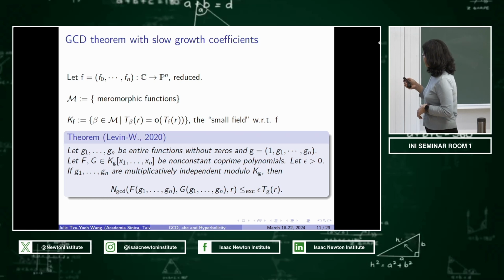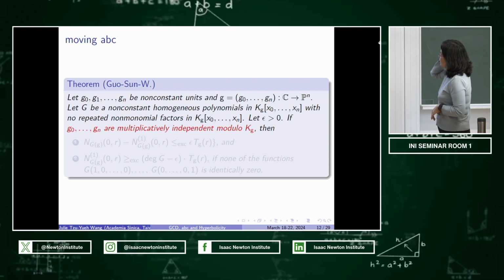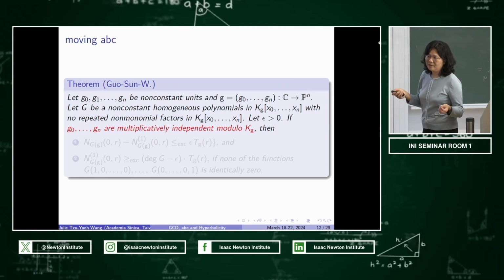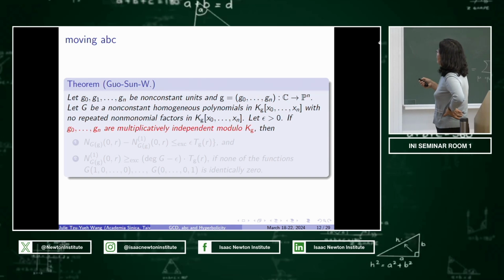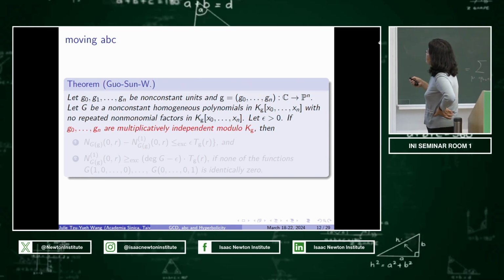So the GCD part is okay. And after you have the GCD part, you can have ABC even with coefficients that are not just constants. You can have small functions as your coefficients. Again, this only treats the unit case, but the coefficients can be small functions, and again you have multiplicative independence modulo small functions.